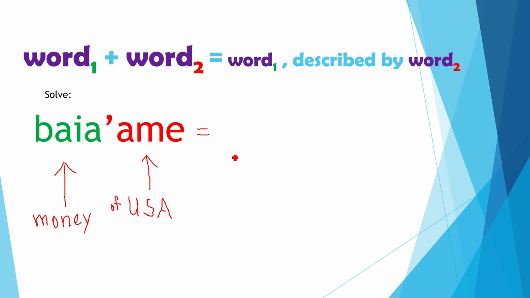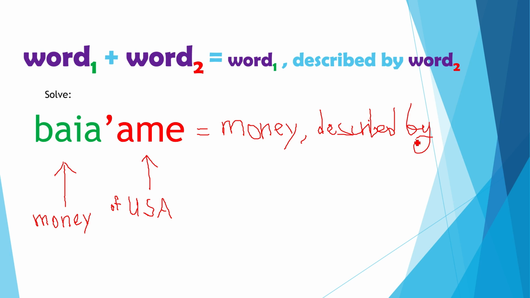So what is baya ame? Let's apply our formula. It says that word 1 plus word 2 equals word 1 described by word 2. So baya ame equals money described by of USA.